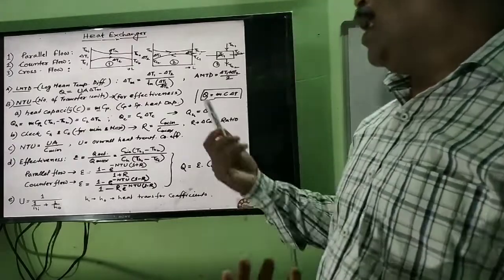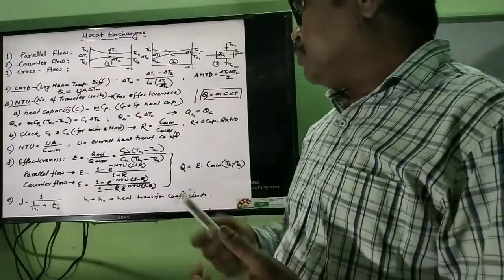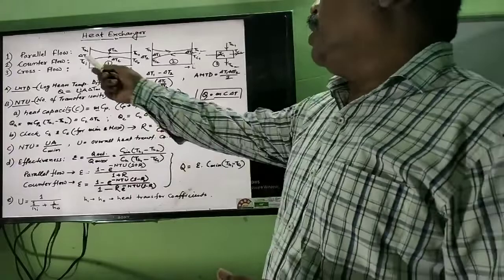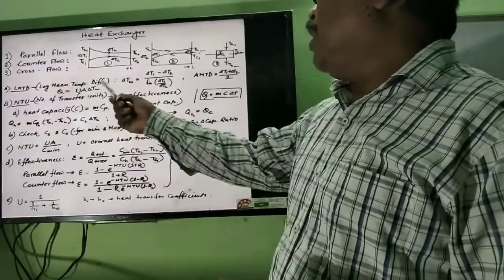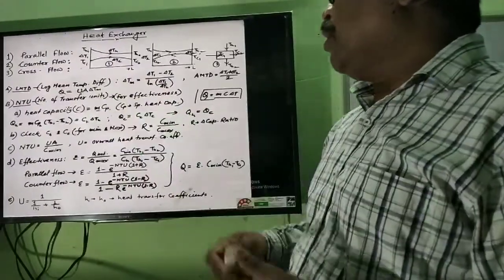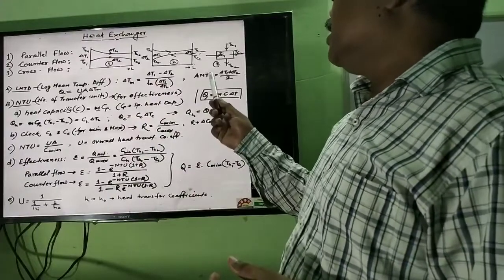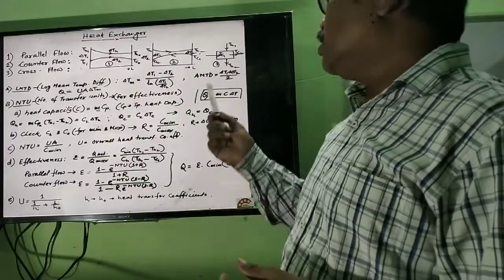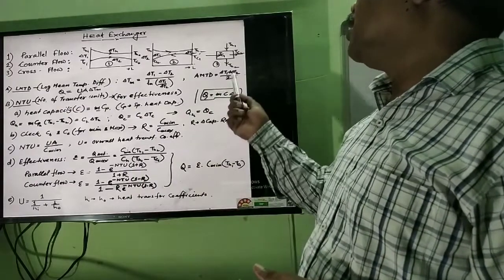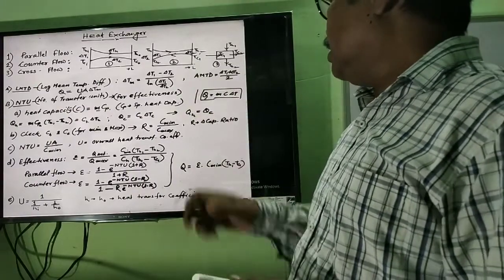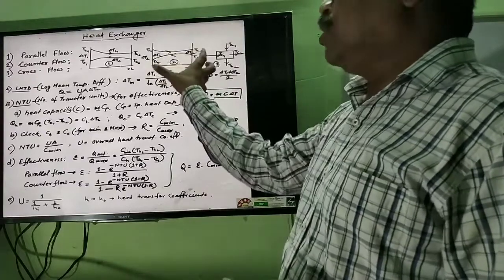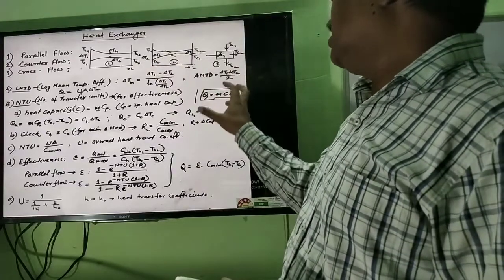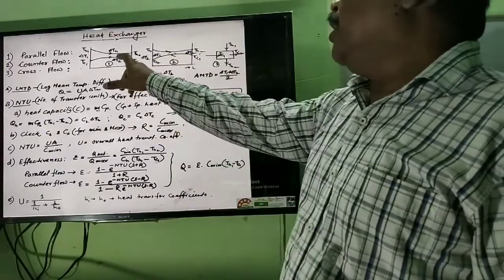Okay, so what type of question generally comes? They are asking for LMTD, and from LMTD you can find out the amount of heat transfer. LMTD means log mean temperature difference, and there is also the arithmetic mean temperature difference. You can sum up the temperatures at the two faces of the heat exchanger and divide by 2.